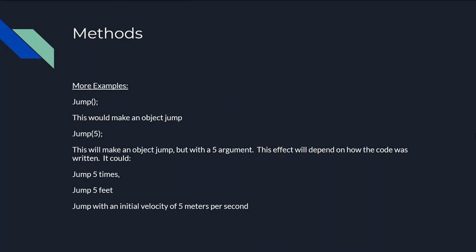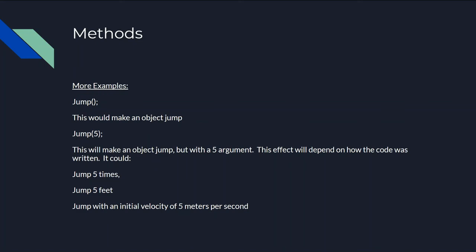Some more examples, a little bit more specific. If I had a method called Jump, I know that's a method because it starts with a capital letter and then it ends with parentheses. If I ran that command, assuming that a programmer had written a Jump method, that could make an object jump. Now there's nothing on the inside of the parentheses, so that means it would just execute without any additional information.